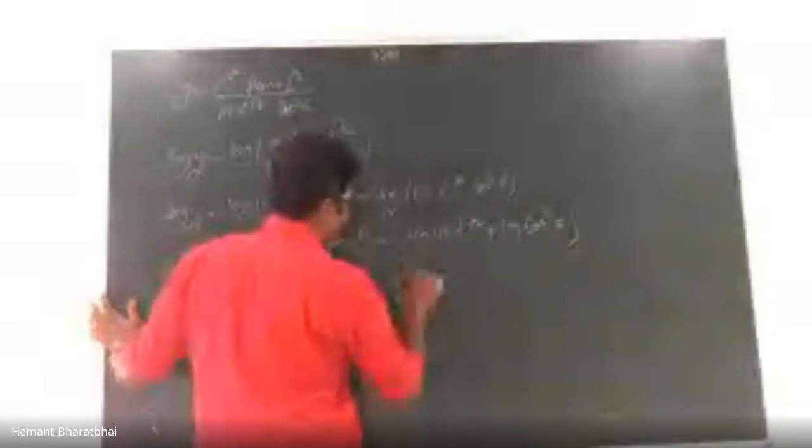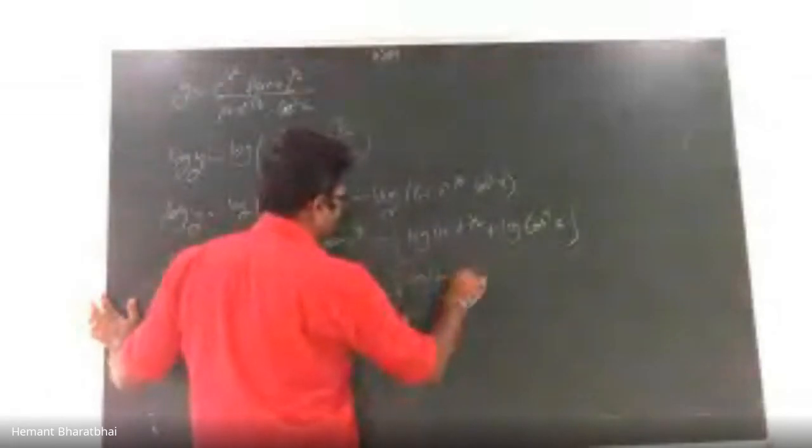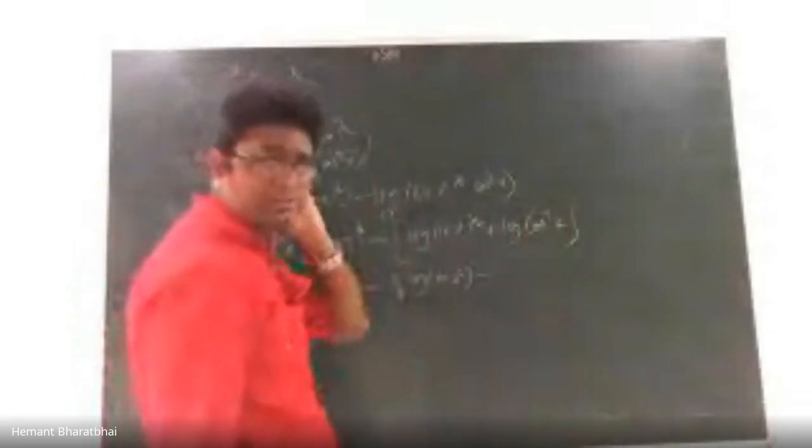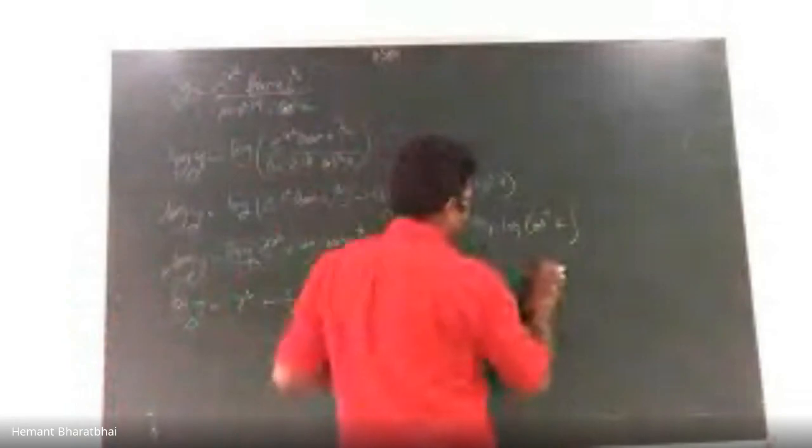So I'll be left with x square plus, this is the power, this will come down, so 3 by 2 log of tan of x, minus, this is the power, 3 by 2 will come down, log of 1 plus x square, minus plus minus, this cos cube can be written as cos x the whole cube. So this power will also come down: minus 3 log of cos x.